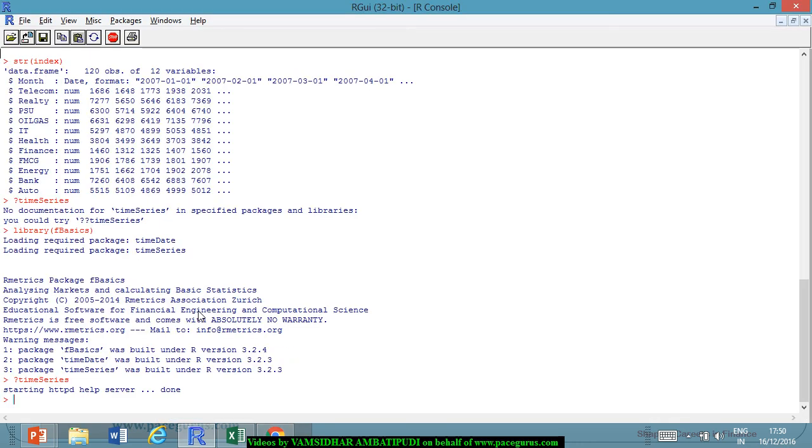So this is where I'll start with index dates, right? I'm converting it as index ts. Let me call it as index into a time series format. So I will convert it as a time series object, wherein the data I am taking is the simple index data.